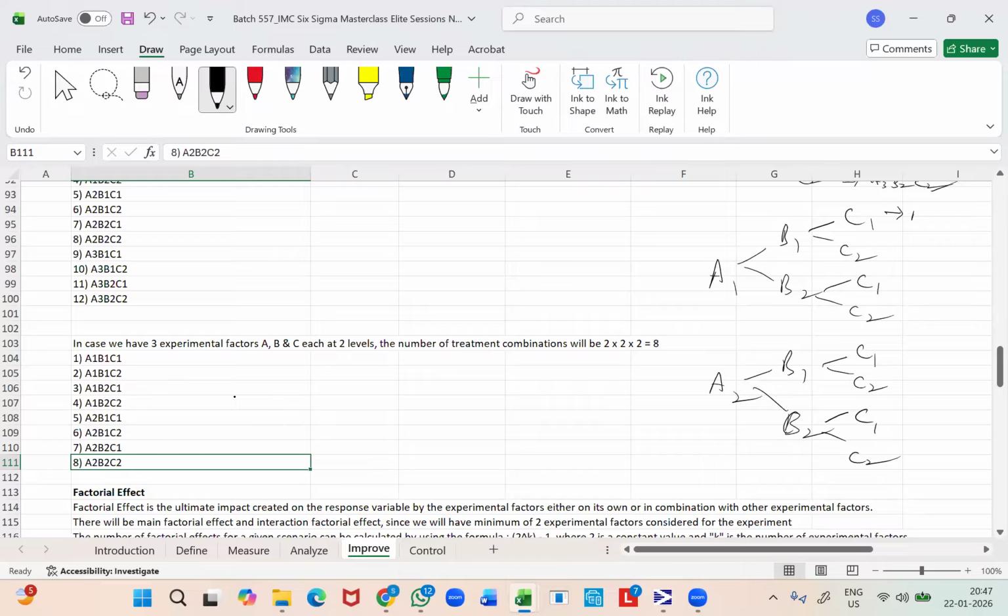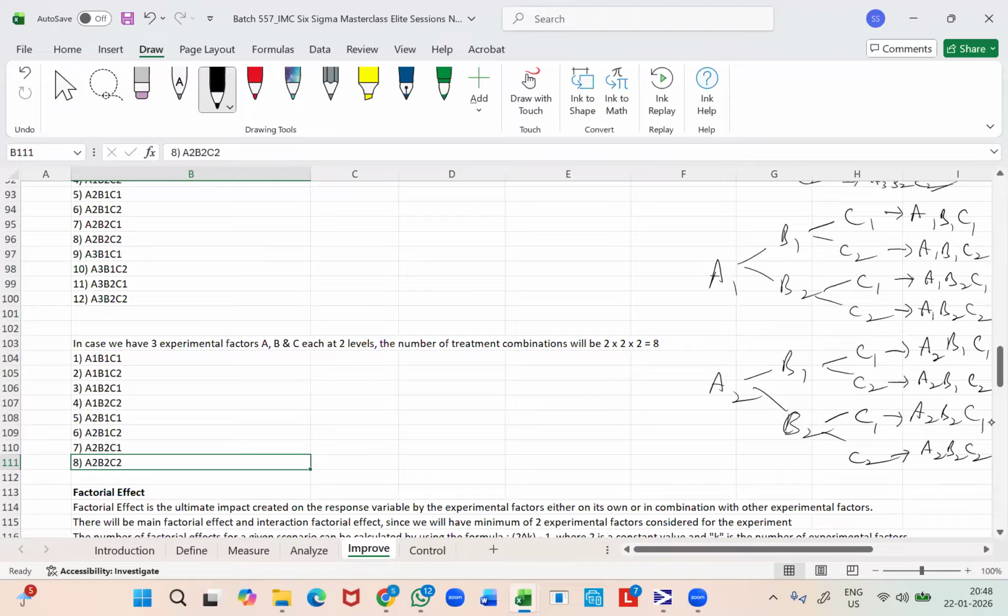Now I need to follow the path A1, B1, C1, A1, B1, C2, A1, B2, C1, A1, B2, C2. And then the A2 half: A2, B1, C1, A2, B1, C2, A2, B2, C1, and then finally A2, B2, C2.